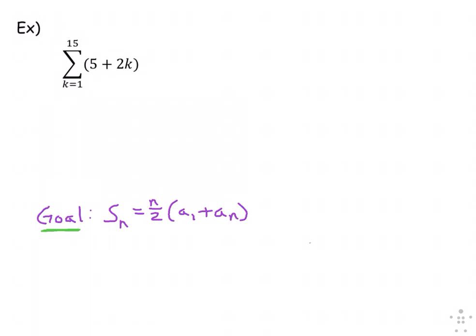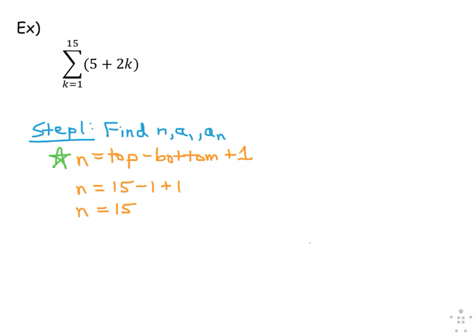So to find out the total number of terms, when you start off with 1, it's always the top value, but if you start with a value at the beginning that's different than 1, you always have to do top minus bottom plus 1. As advertised, that gives an end value of 15, but don't forget that formula.